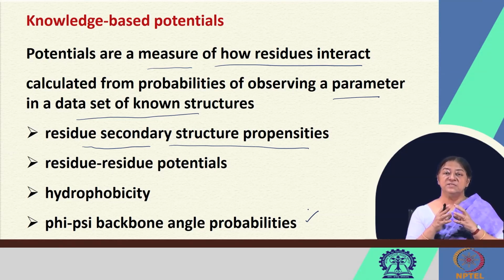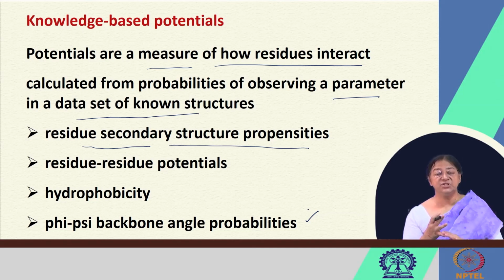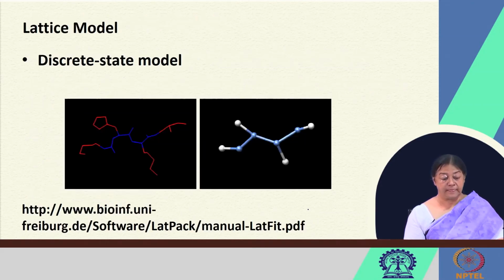So, this gives us some idea of what the structure might or might not be in terms of any steric interactions, in terms of any residue propensities, in terms of residue potentials, or in terms of what we might expect a particular residue to be in a particular structure.